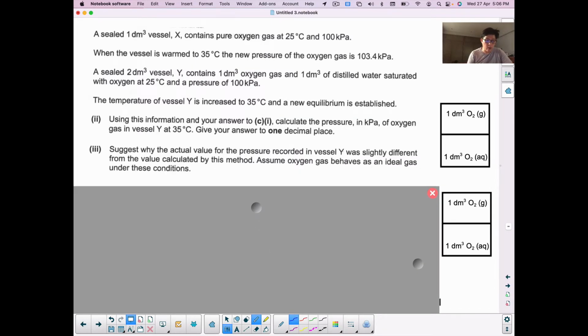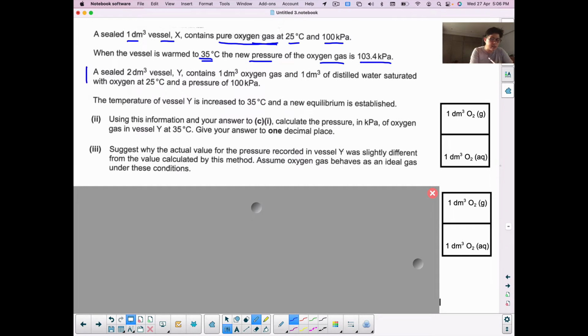Now they say there is another 1 dm³ vessel, but this one contains pure oxygen gas. This is a gas, not an aqueous solution. The temperature is 25 and the pressure is 100 kilopascals. When the vessel is warmed to 35 degrees Celsius, the new pressure of oxygen is 103.4 kilopascals.